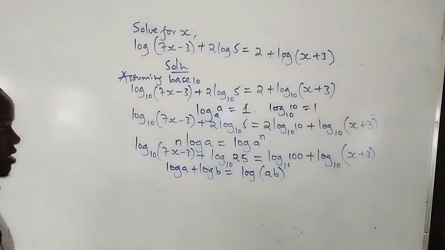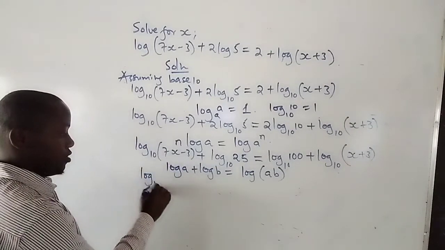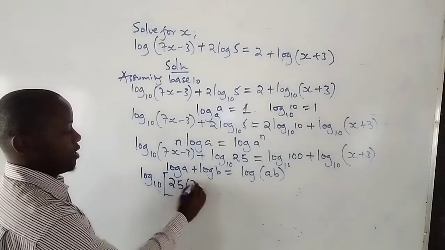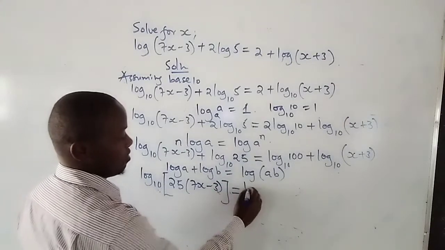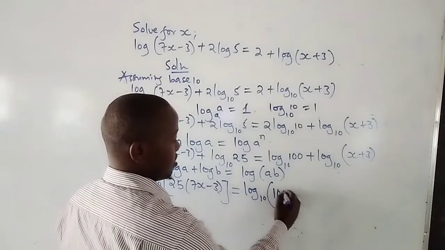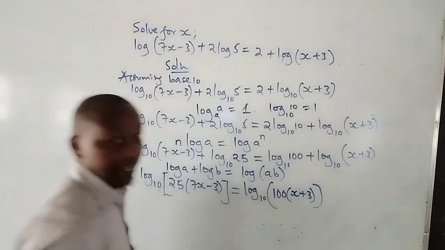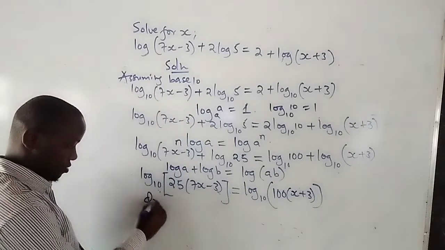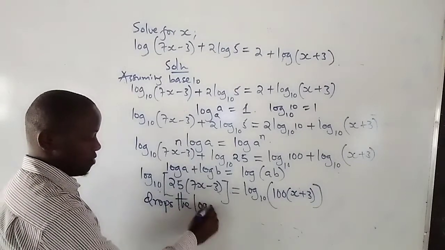So here we can say the log to base 10 of 25 multiplied by 7x minus 3 is equal to the log to base 10 of 100 multiplied by x plus 3. Therefore now we can drop the logs.